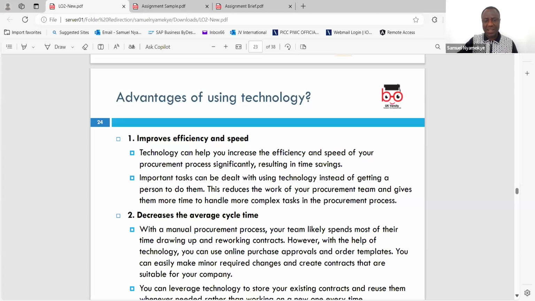The advantages, which we said, obviously, is efficiency and speed. So it will increase the efficiency, the speed, and save time.